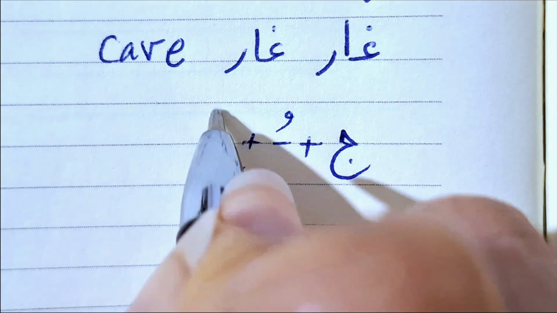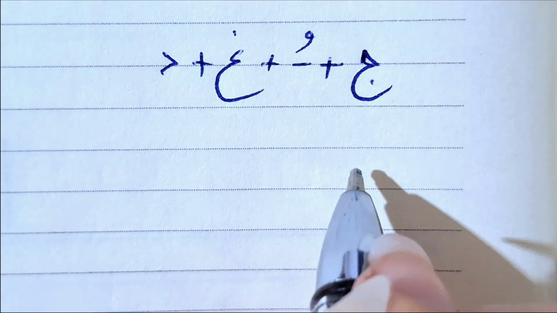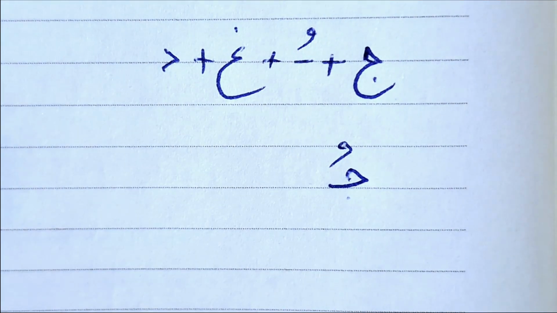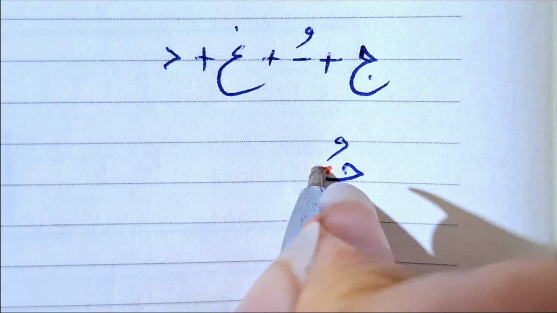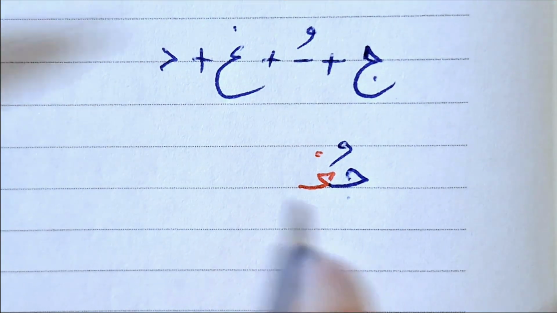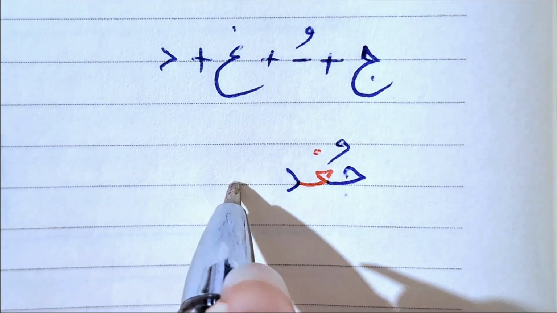Please pay attention to how I write the sticking form of G in this example. J plus O plus G plus D together, jogd, and here is the sticking form of Ghain. Like this. G, jogd. Jogd means owl.